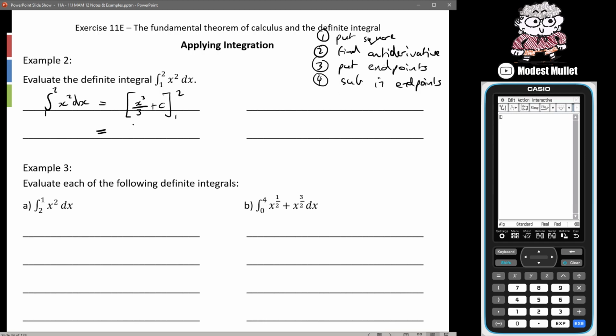Okay, so we're now going to get this is equal to 2 to the 3 on 3 plus c, take away, because it needs to be take away between them, 1 to the 3 on 3 plus c, that is going to equal, that's 8 on 3 plus c, take away 1 on 3, take away c, bringing the negative in. That is going to equal 8, take a third, that's going to turn into 7 on 3. And that's our answer. That's the area under the curve x squared between 1 and 2. And that was x squared. That's a curved line.